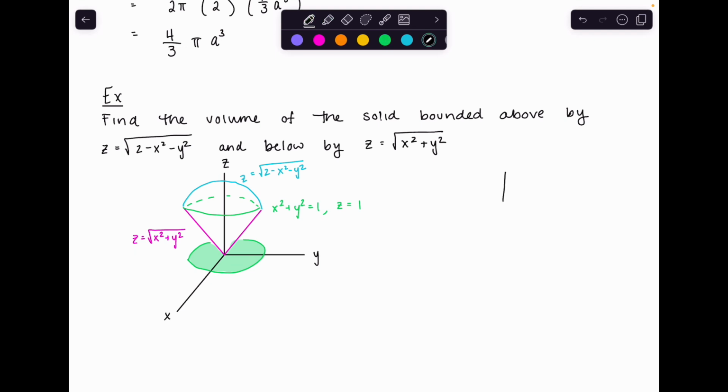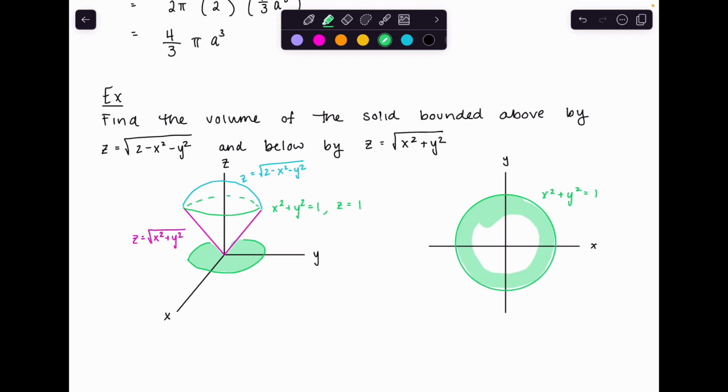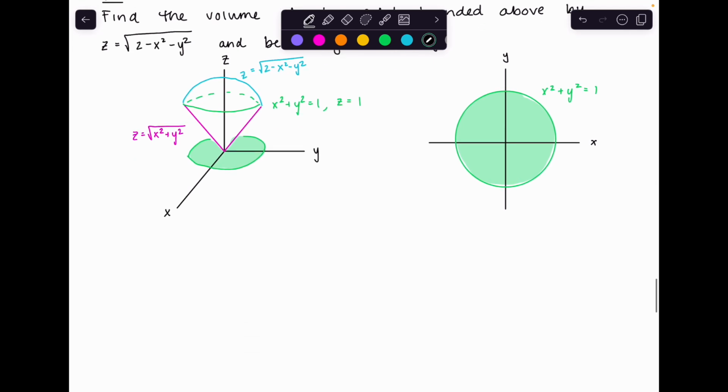So I'll draw what's going on in the xy plane so we have it, because we're going to show the setup again for all of the other coordinate systems. We've got our circle of radius 1. And this is as far as we go in the xy direction. All right, so setting this up in rectangular coordinates, our volume is given by a triple integral again.